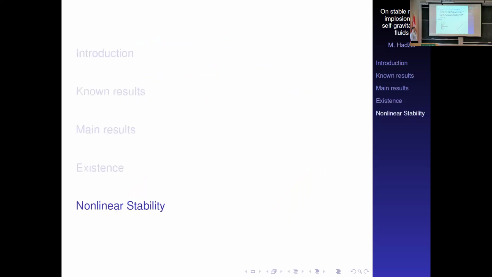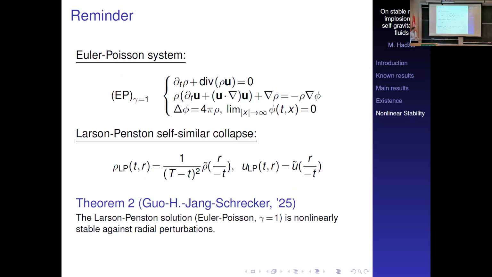And now in the last 10 minutes, I want to say something about the stability claim that I made. If you remember, the stability claim was made for the Larsen-Penstone solution, which is the solution to the Euler-Poisson system when gamma is 1, okay?